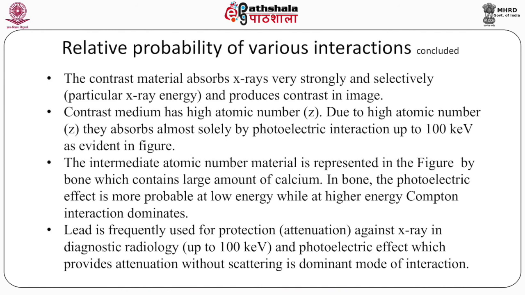In bone, the photoelectric effect is more probable at low energy, while at higher energy Compton interaction dominates. Lead is frequently used for protection or attenuation against X-ray in diagnostic radiology up to 100 keV. And photoelectric effect, which provides attenuation without scattering, is dominant mode of interaction in lead up to 100 keV.